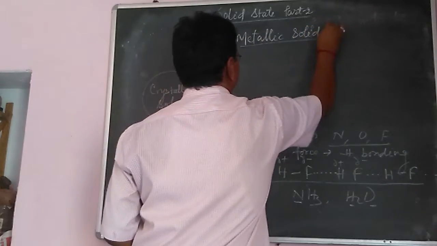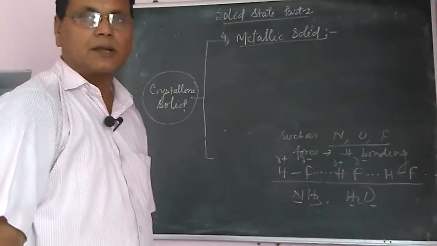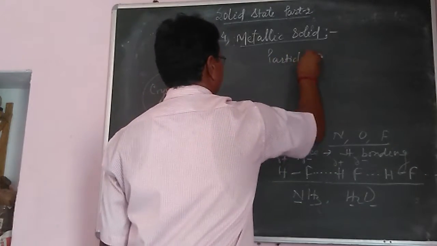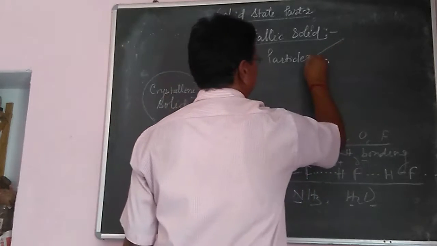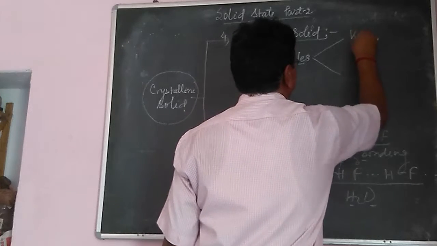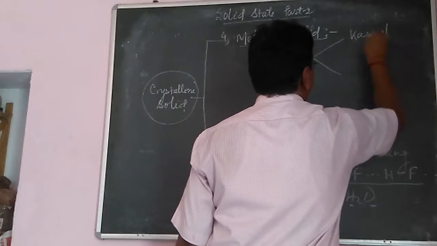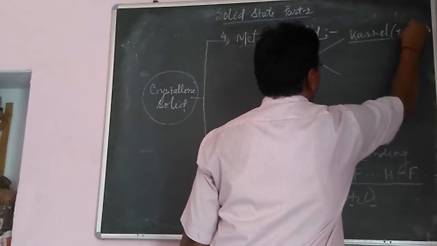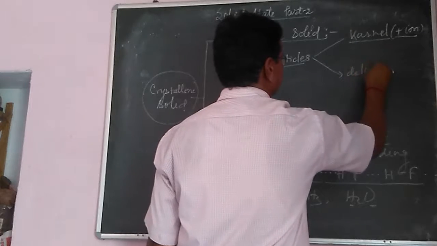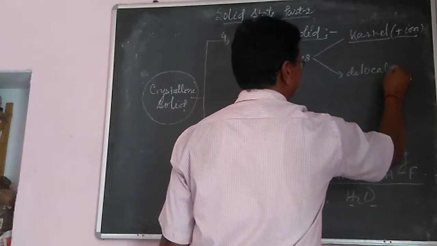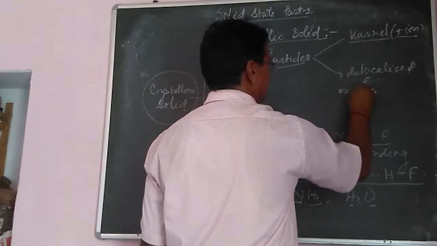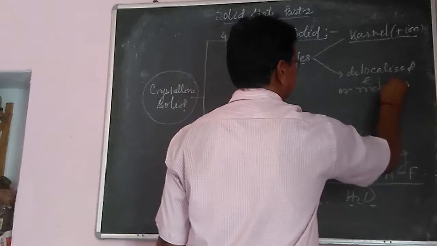In metallic solid, what you see here is that the particles must be cations, kernels, that is positive ions, and also the delocalized electrons, which are also called mobile electrons.